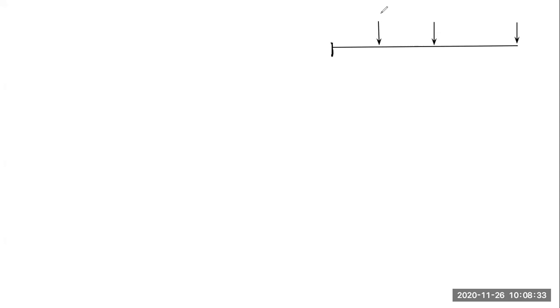So this would be 20 kilonewtons, and 10 kilonewton, 50 kilonewton. So this is a 2 meter distance, and here 1 meter and 1 meter. So this is the fixed end of the cantilever beam. So A, let us say this as point B.